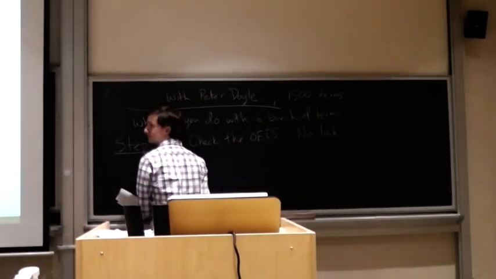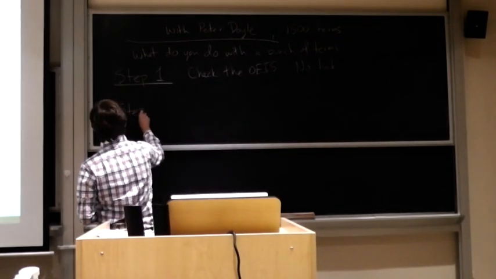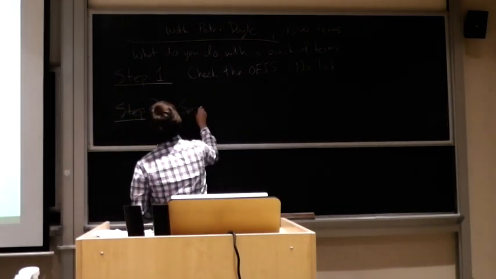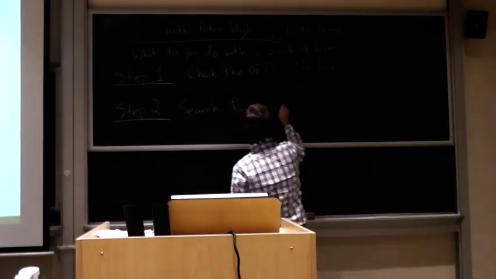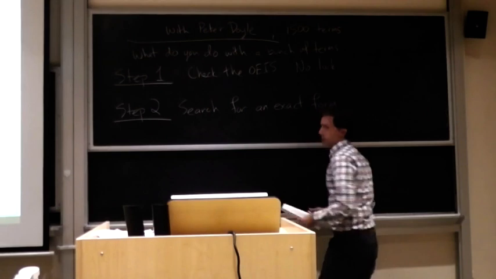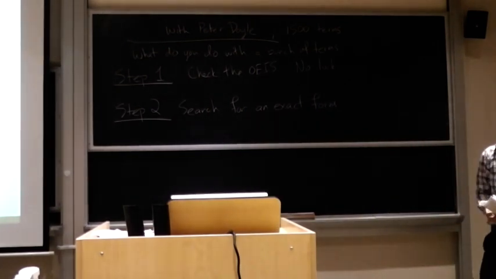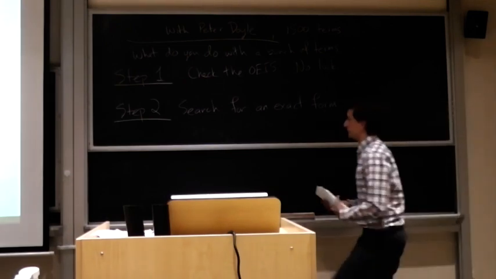You might try Superseeker. Yeah, so step 2 is in that vein, and that's search for an exact form. And I know Superseeker does some of that. By searching for an exact form, what I mean is use one of the many tools that are out there to try to automatically conjecture the exact value of the generating function.